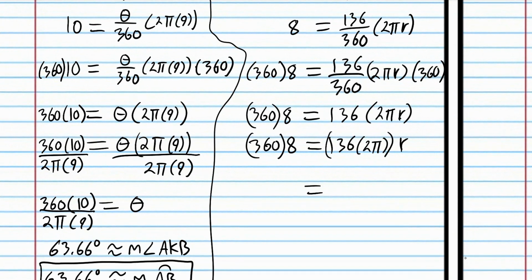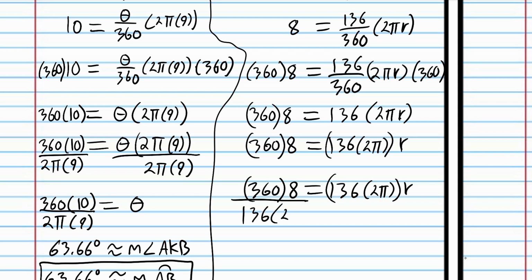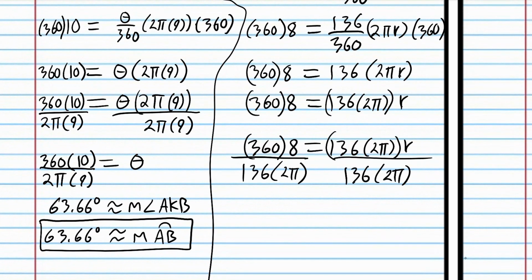So now I'm just going to divide everything by 136 times 2 pi. And then we have r. r is equal to 360 times 8 divided by 136 times 2 pi.